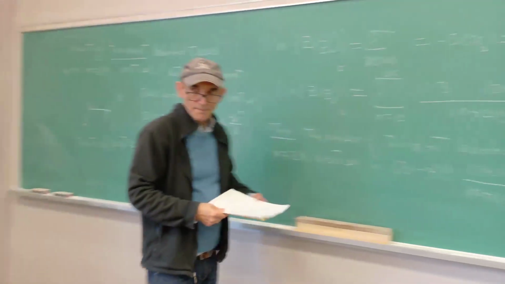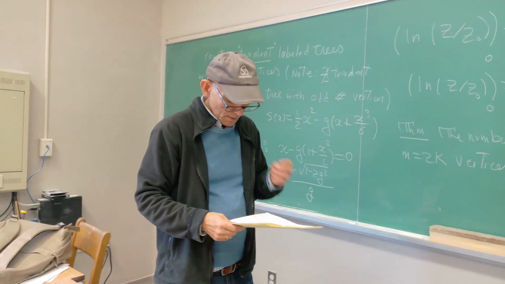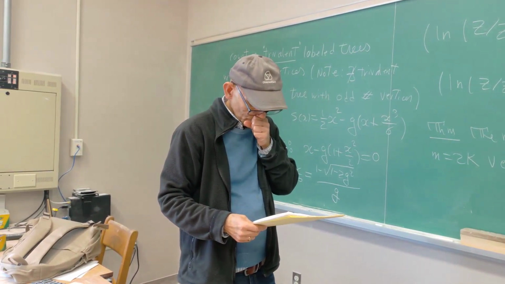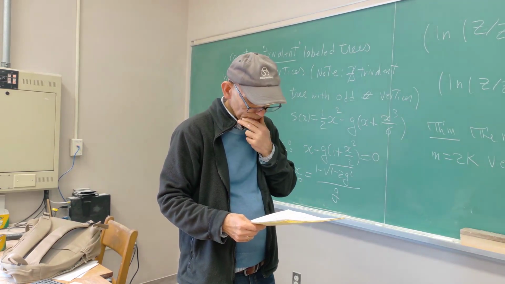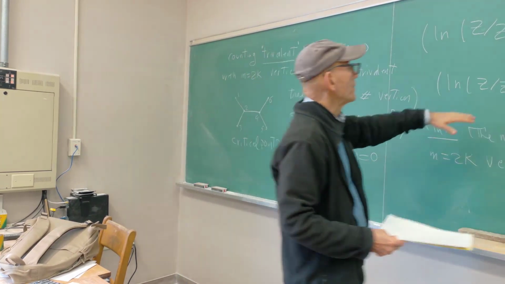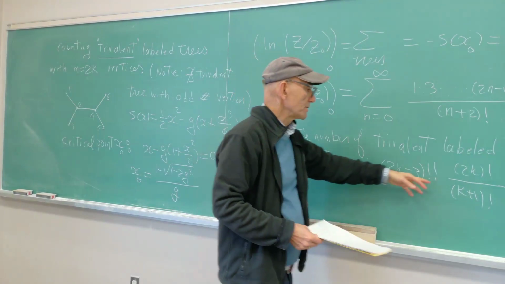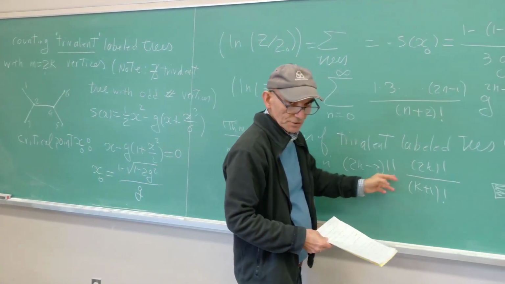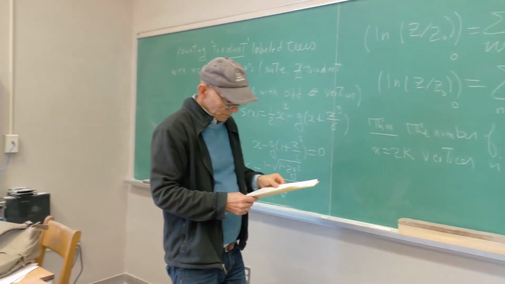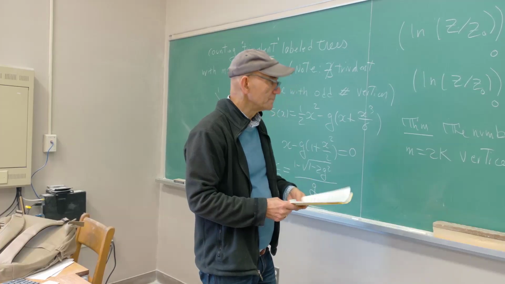Right. I mean, comparing this with that as before, we get this. It's very easy to see that, of course, this is an integer, but it's a number of trivalent trees and so on. Okay.